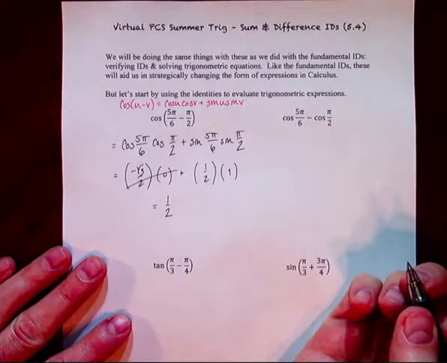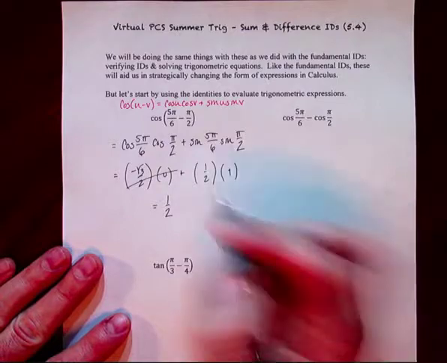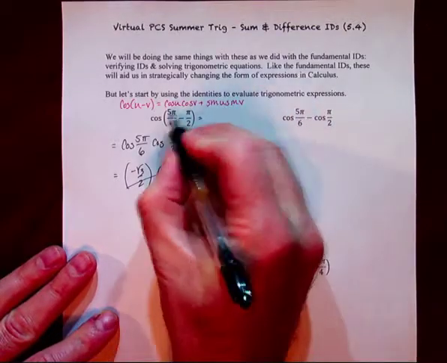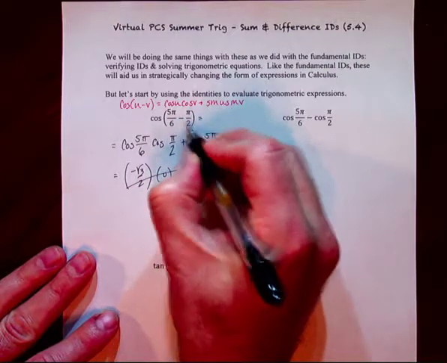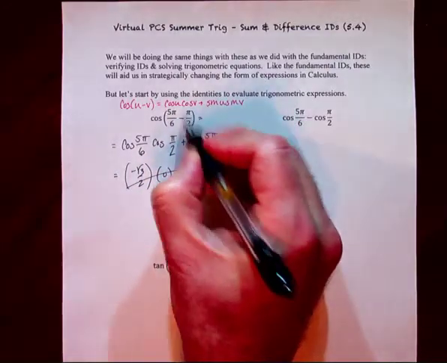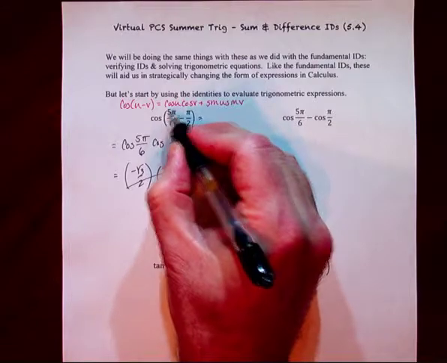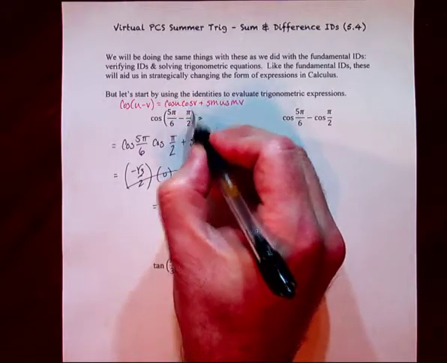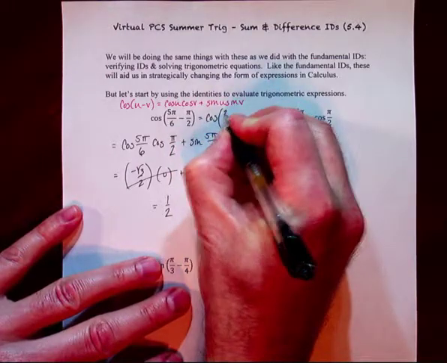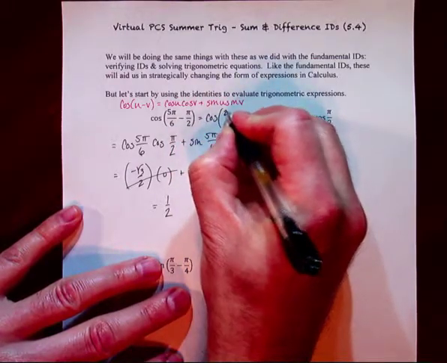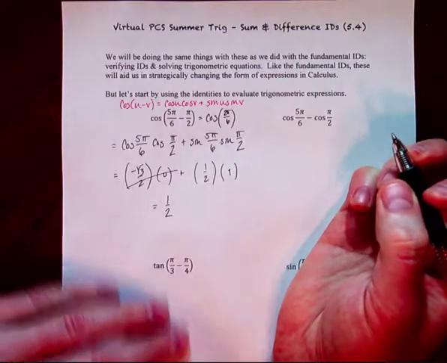Well, the reason why that's 1/2 is if you actually take this and this becomes 10 pi over 12. Actually, this can just be unreduced to 3 pi over 6. So 5 pi over 6 minus 3 pi over 6 is going to be cosine of 2 pi over 6, right, which is cosine of pi over 3.